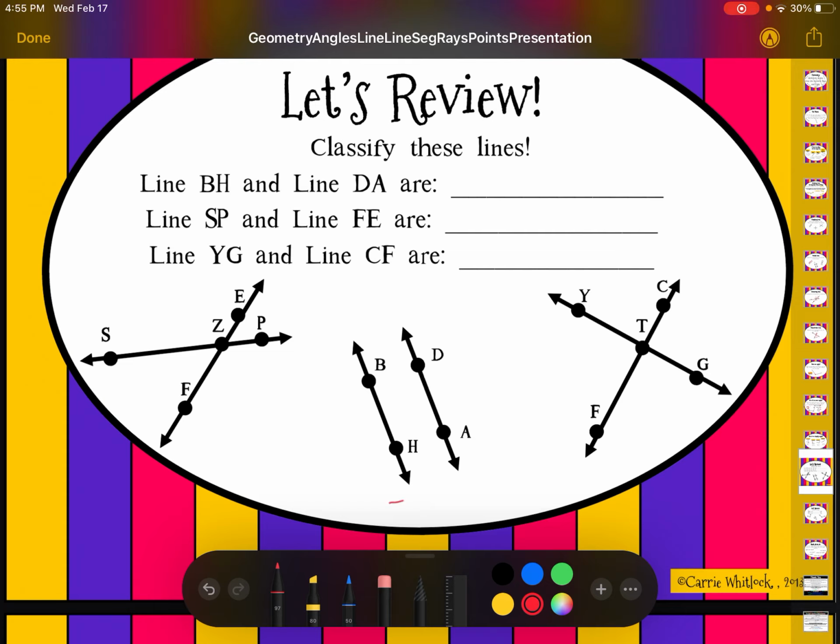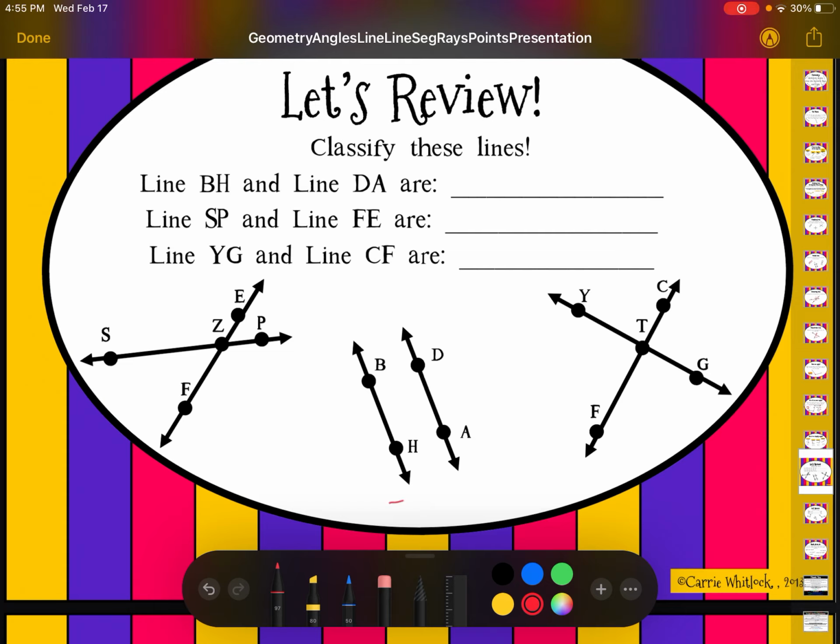And those are intersecting. And lastly, they've got line YG and line CF. If we look at those, we can see that those are making a right angle, a 90-degree angle. So those would be perpendicular. Not the best handwriting there, sorry about that.